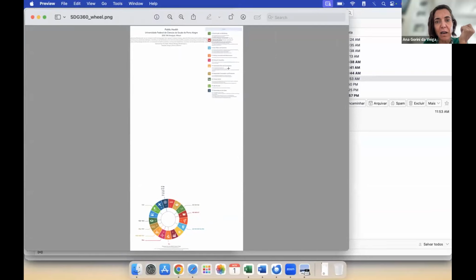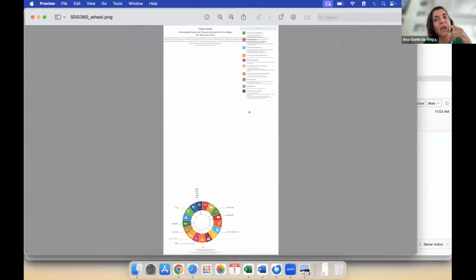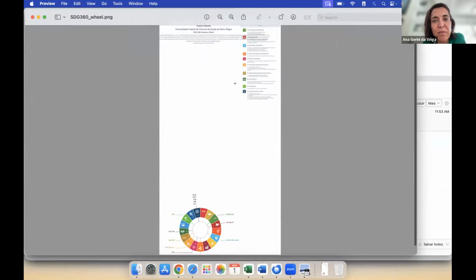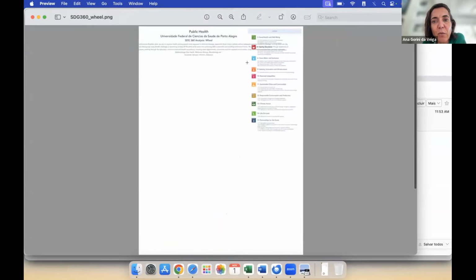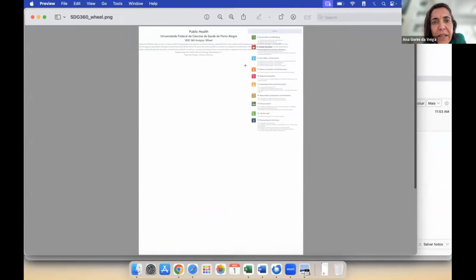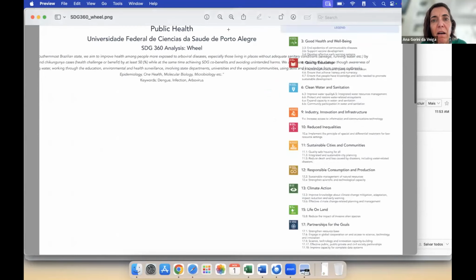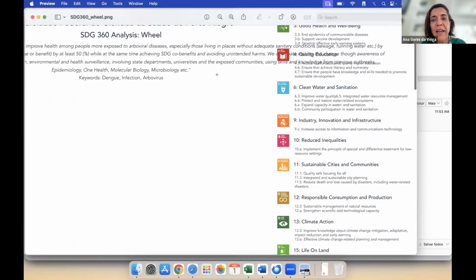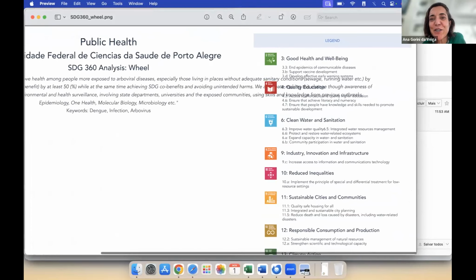So considering that dengue, as an arboviral disease, has a lot to do with environmental factors like sewage and water storage, especially for people that do not have running water or a sewage system, I ended up choosing a lot of SDGs besides good health and well-being.